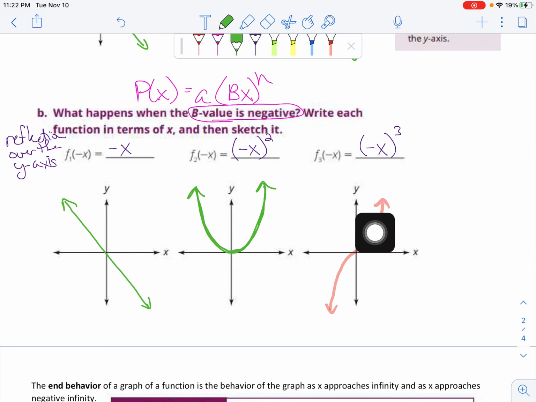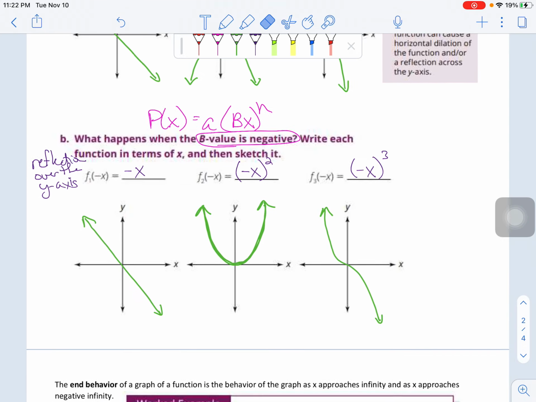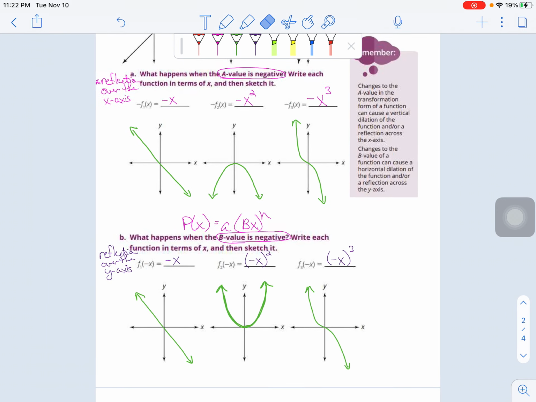And then this piece in the upper right is going to reflect over the y-axis to the upper left. So it would look something like that.